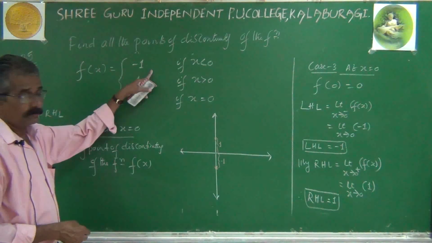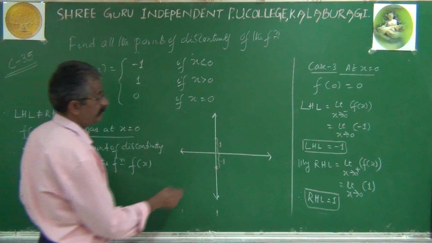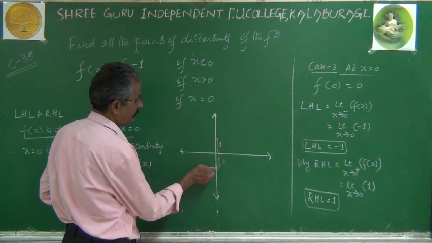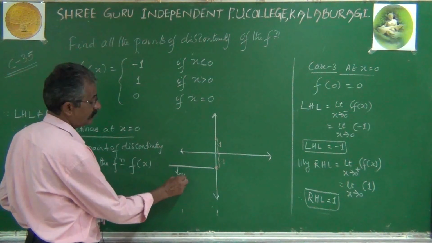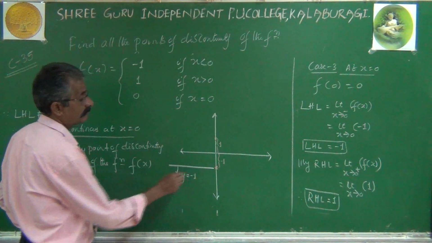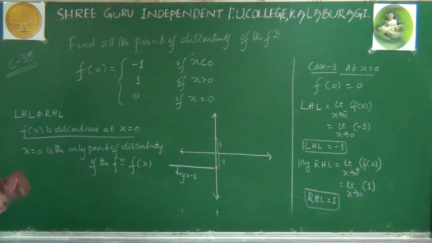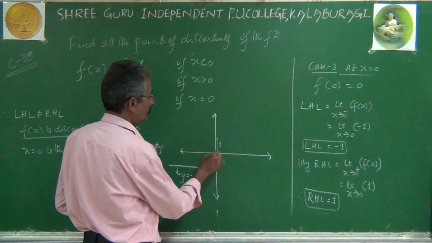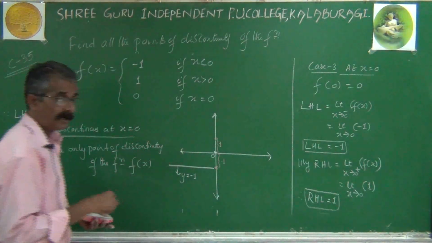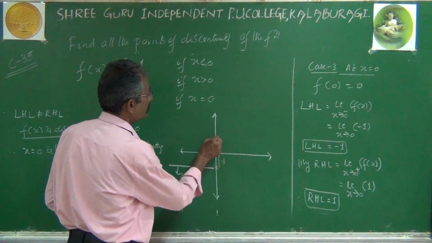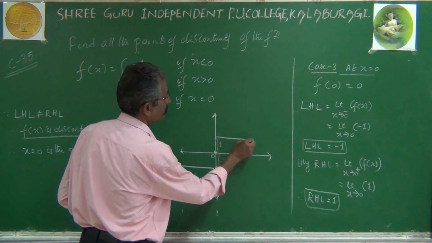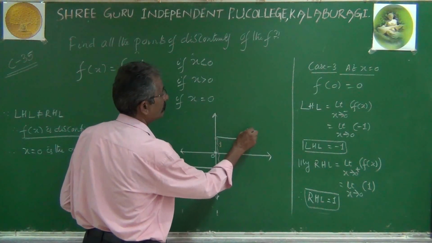When x is negative, y is minus 1, which means it is a straight line parallel to the x-axis, the line y equals minus 1. When x is positive, after the origin, y is plus 1, the line y equals 1.